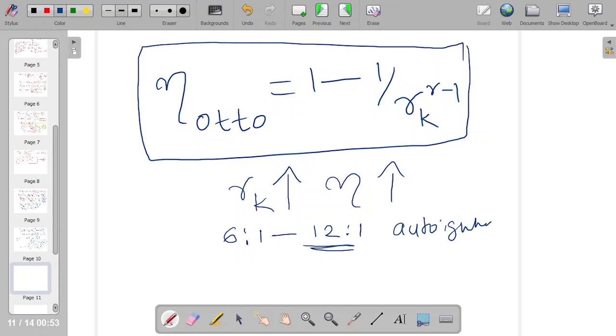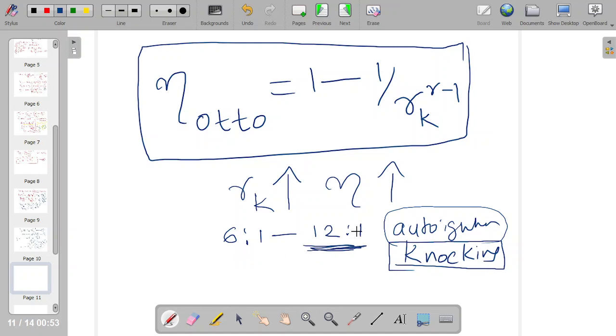If you increase the combustion ratio beyond 12:1, say 15:1 or higher, an abnormal combustion known as knocking will happen in the petrol engine, and it will reduce power and have several drawbacks. That is why we have to limit the combustion ratio of a petrol engine to 12:1. Otherwise, by this expression, as the combustion ratio increases, efficiency will be higher and higher. That is the important thing you have to note down.